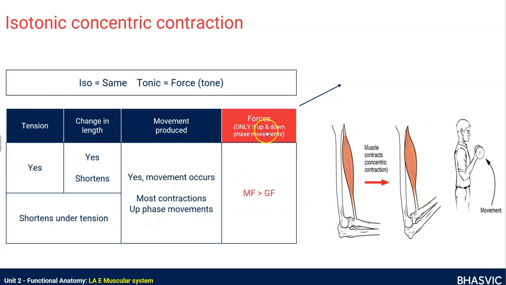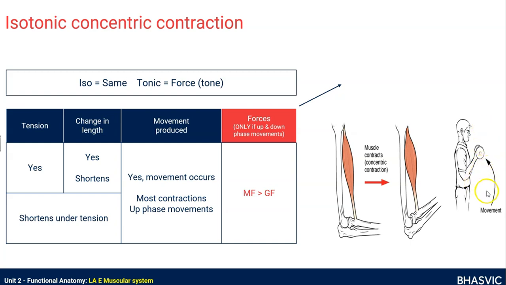Now, again, looking at our icing forces information, this is really only related to up-down movements. So we could use this biceps brachii as an example. In order for this athlete to move the forearm upwards, he's got to generate more muscular force, which is an upward force, than the downward gravitational force.